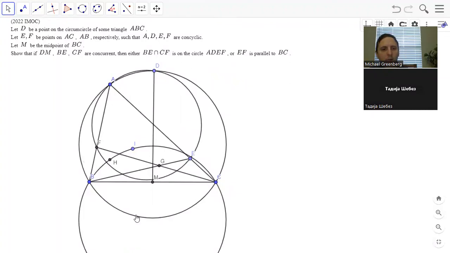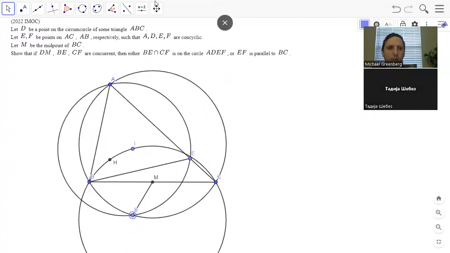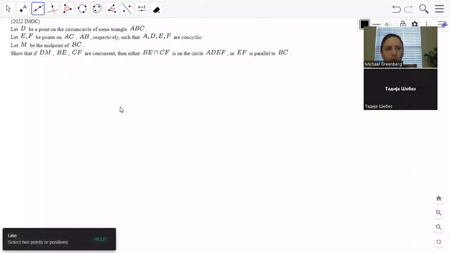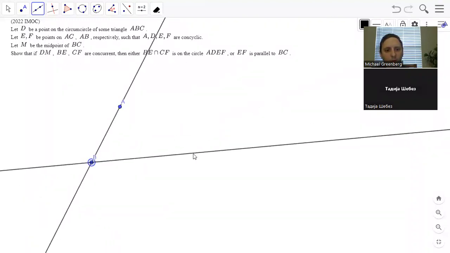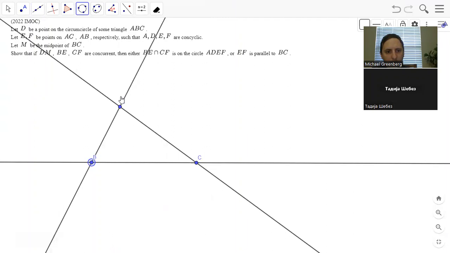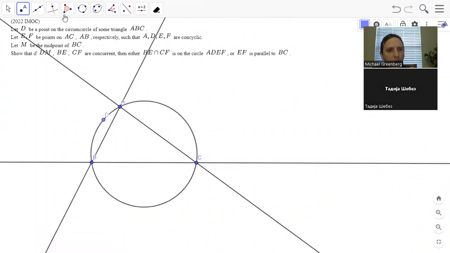Why don't I redraw this, but instead of rays, I'll make everything lines, because I think that might be what's confusing us. So everything is going to be lines, and then I'll hide everything. So D will be on the circle, and A, D, E, and F are cyclic.